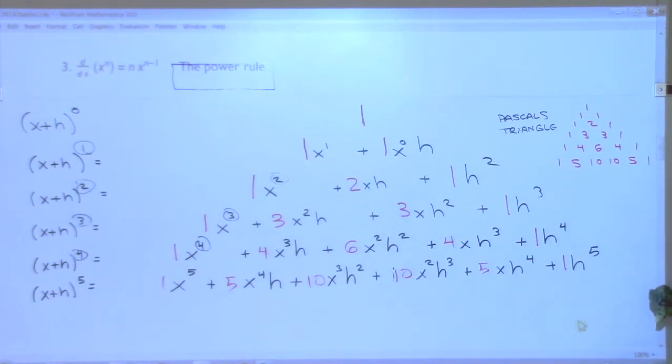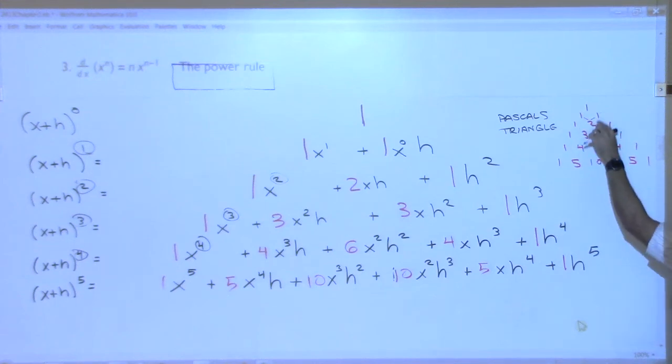So the pattern here is that you draw a triangle, and each row gets one more number each time. Your ends always have to be ones, okay? You start at the top with one number, and your ends have to be one, so the only thing you put there is 1. The next row, the ends have to be 1, so you only have one choice, right? 1 and 1. The next row, 1 and 1 on the ends, and this number comes from adding those two up.